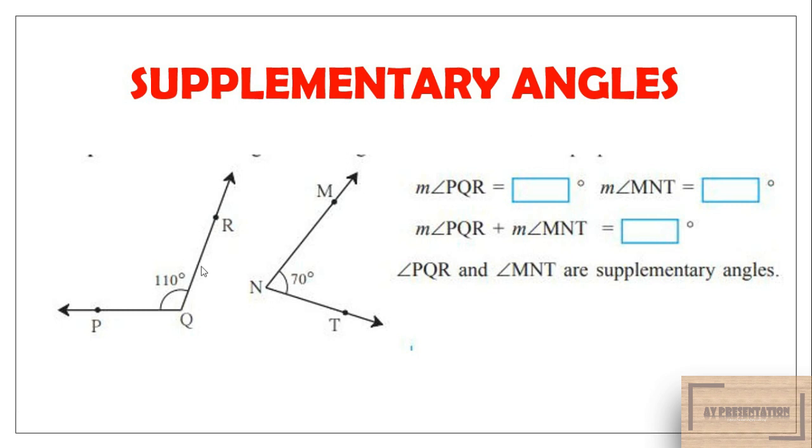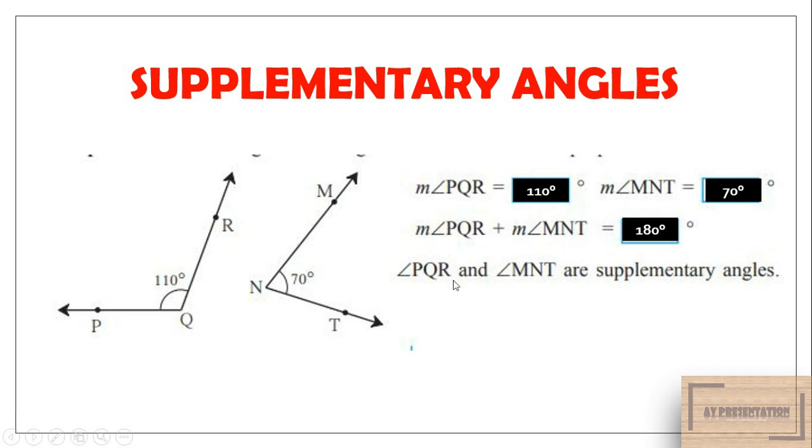For more learning, let's check out this example. Here angle PQR has a measure of 110 degrees, and angle MNT has a measure of 70 degrees. So the measure of angle PQR is 110 degrees plus the measure of angle MNT, which is 70 degrees. The sum of both angle measures is 180 degrees.